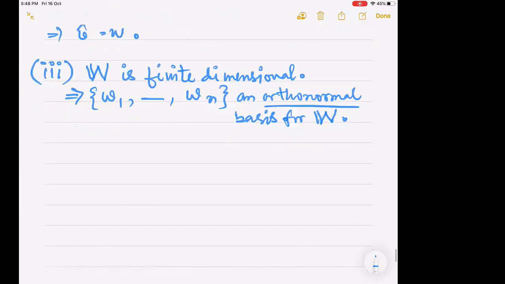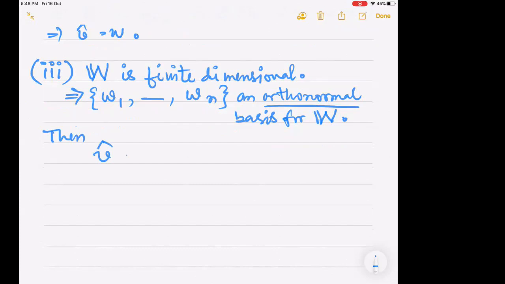Then this is not a theorem; this is something that we have already seen. The theorem says that then this best approximation will exist, and because it exists, it will be unique.